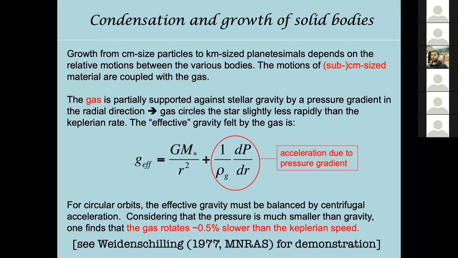The gas has its Keplerian velocity, but because of this term, which is a pressure term and comes from the equation of hydrostatic equilibrium that we saw yesterday, the gas feels an effective acceleration or gravity that is different from the Keplerian acceleration.